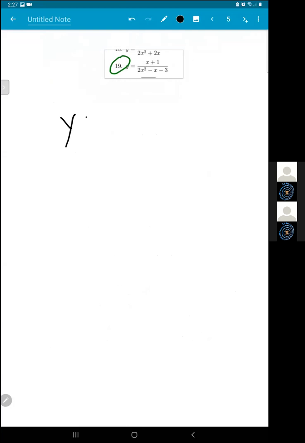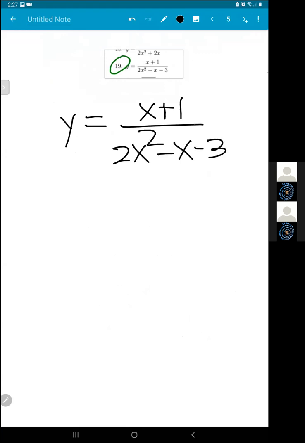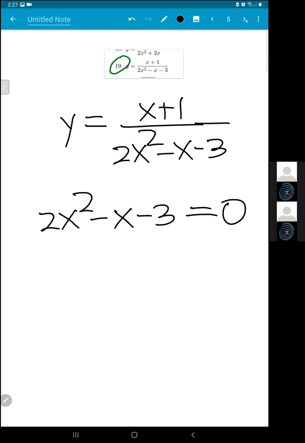So the function is y equals (x plus 1) over (2x squared minus x minus 3). So you just equate the denominator to 0, and either you factor this out or use the quadratic formula. Let's use the quadratic formula. So remember a, b, c. So a is 2, b is -1, c is -3.